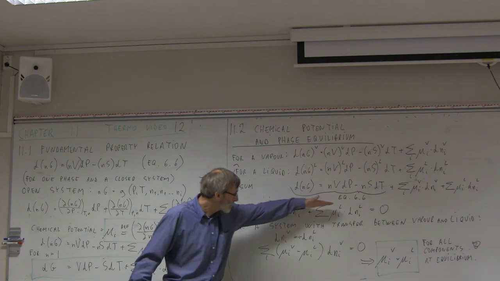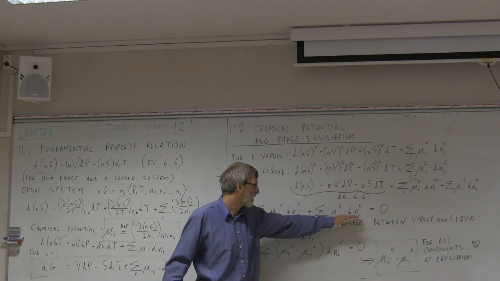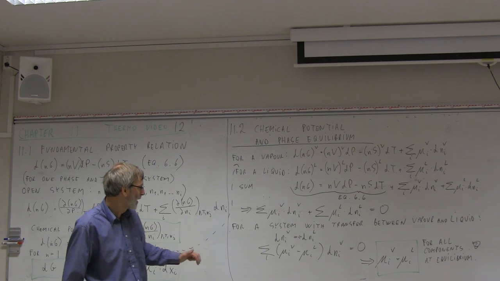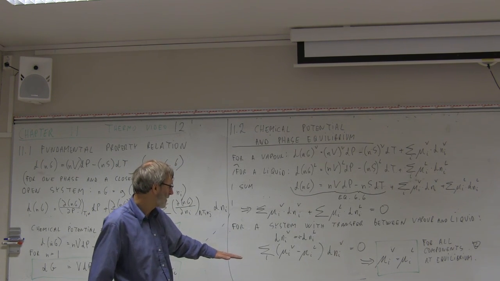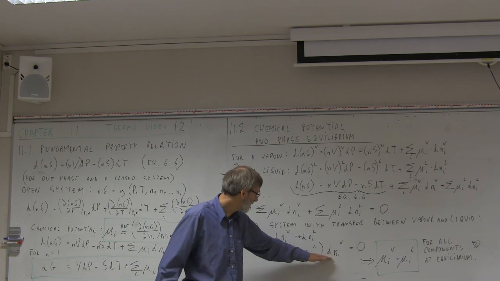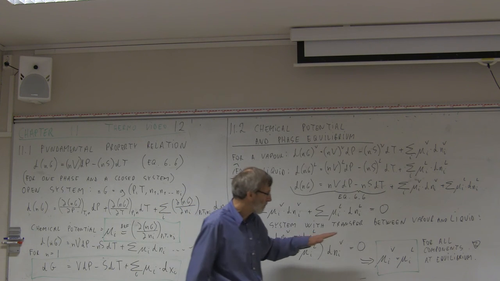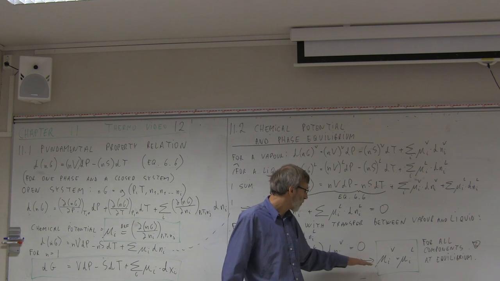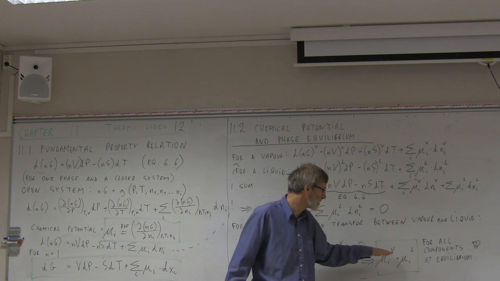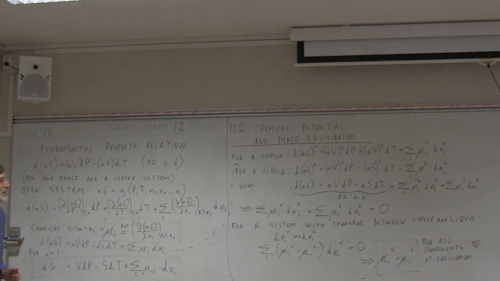And there is a connection between the change of amount in vapor and the change of amount in the liquid for each component. And then we end up with this equation. And it follows from this equation that at equilibrium conditions, all chemical potentials for every component must be equal in the vapor and the liquid phase. So that is the end.